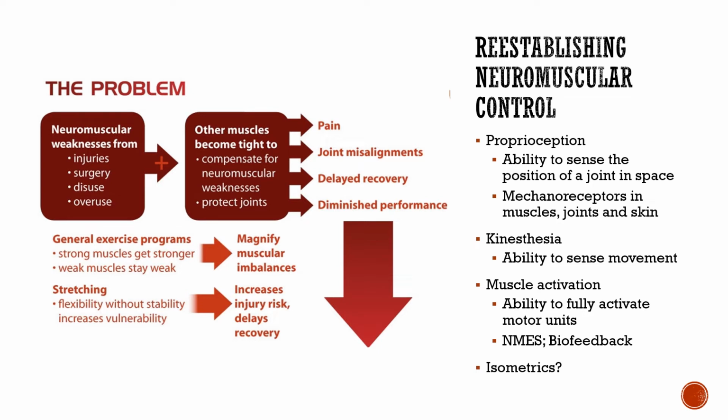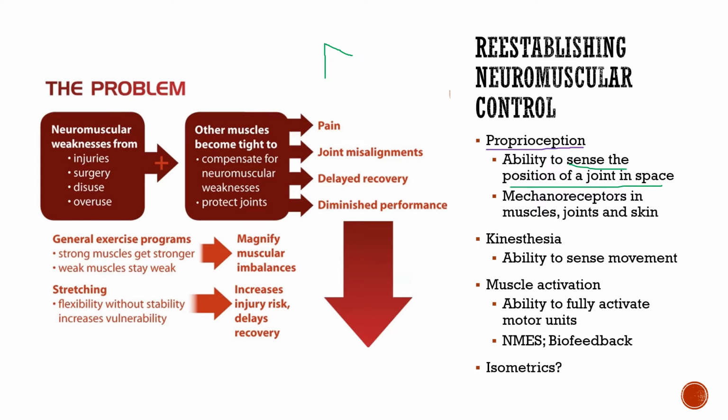Reestablishing neuromuscular control and muscle activation. Sometimes this gets used interchangeably with proprioception. Proprioception, by definition, is just the ability to sense the position in space. So this is really joint reposition sense, the idea that if I ask you to put your arm at this angle and then bring it back down and ask you to repeat that angle, can you really know where your arm is in space?